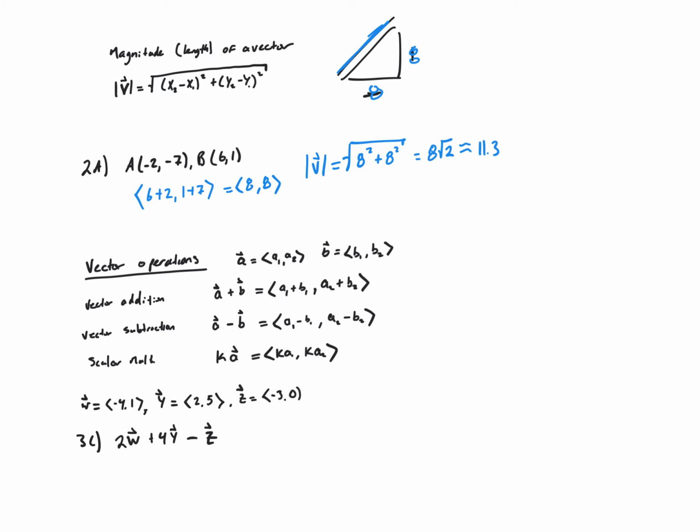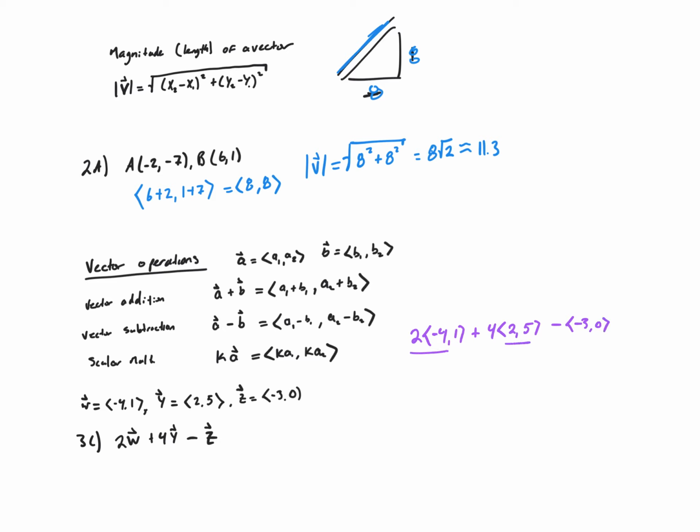So let's just try one of these, and I kind of put this close to the bottom. I'm just going to come over here to the right a little bit so we have room. So 2w, w is that negative 4, 1. And then I'm going to say plus 4 times the y vector, which is 2, 5. And then I'm subtracting the z vector, which is negative 3, 0.